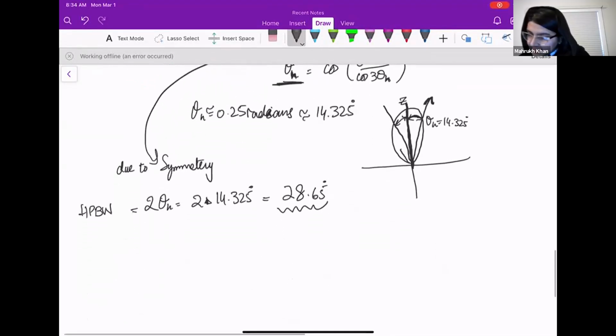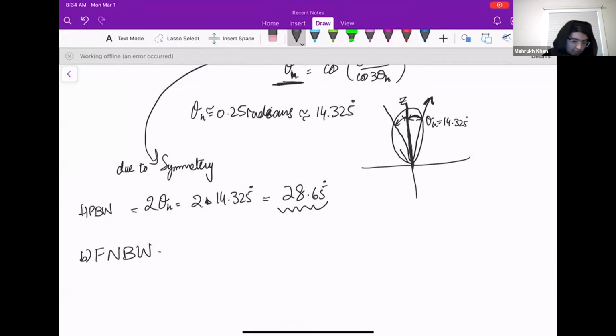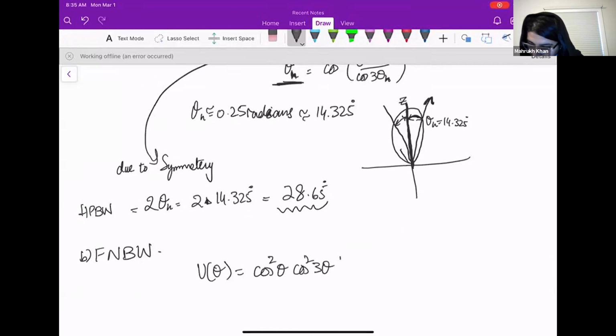So let's see first null beam width. First null beam width is when your radiation intensity becomes 0, right? So now this is n, and that was h, because this is a null.